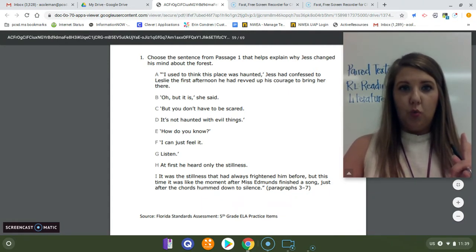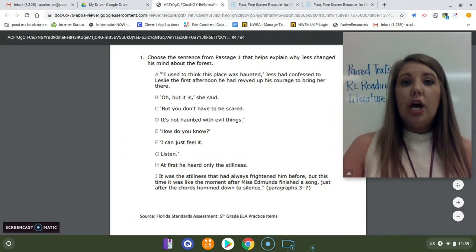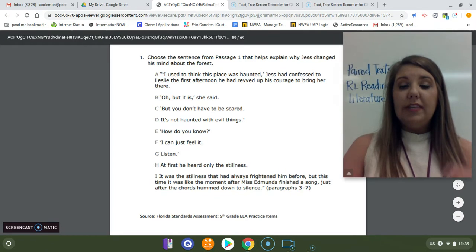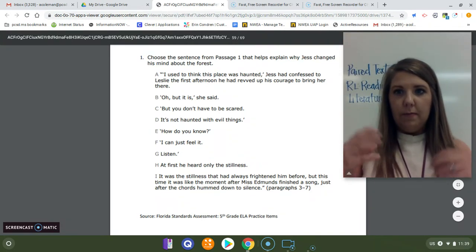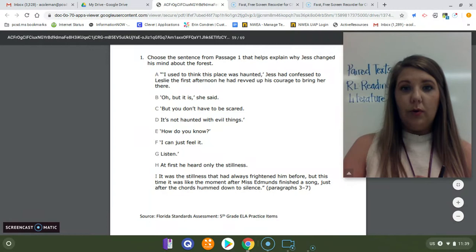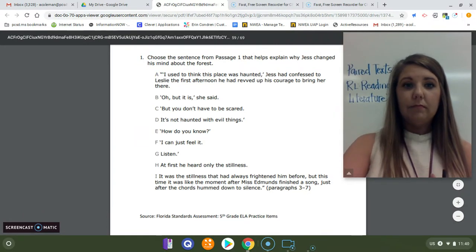It's only passage 1. And we want to know why Jess changes his mind in the forest. We want to know which one of these phrases explains how we know he changed his mind. What did he change his mind from? How did he feel, and how does he feel now? So as we read, we are going to determine that.